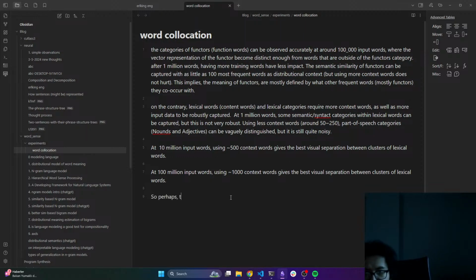So perhaps there is a law of context words, an optimal number of context words as a function of the total number of training words or samples.